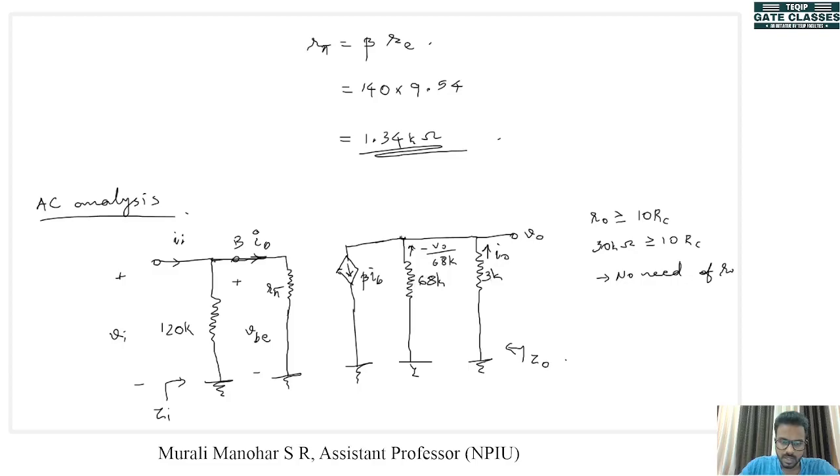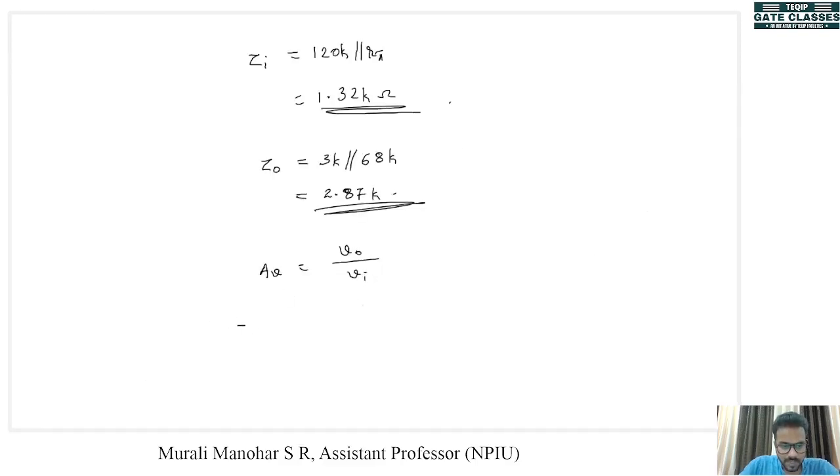So the current entering this junction and the current leaving this junction must be same. Minus V out divided by 3K plus minus V out divided by 68K must be equal to beta IB.